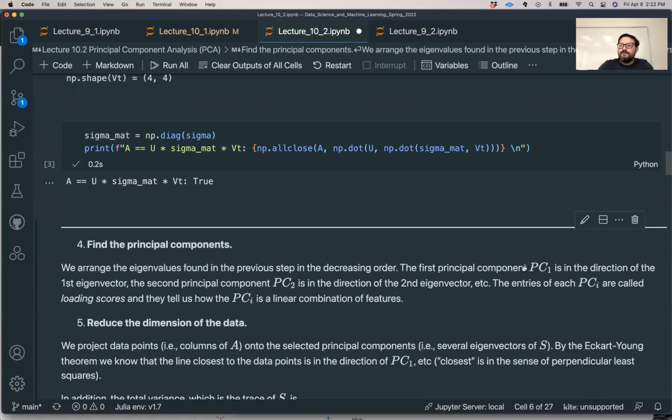The first principal component is the first vector in V. It's an eigenvector or singular vector, as I was saying earlier. I'm going to rewrite this whole thing for singular vectors and not eigenvectors. The second is the second principal component. The entries of each of these principal components, of the things inside of V, are called the loading scores.